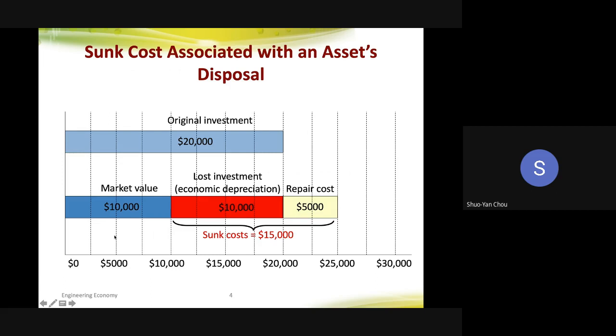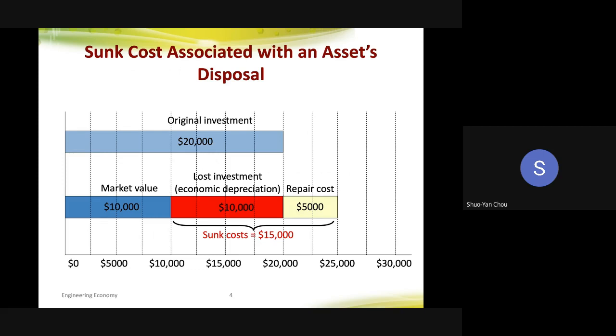You want to make the replacement decision, and the difference will be 10,000. So if you sold the Defender, you get 10,000 back from the original investment. You seem to lose the other amount of money. Also, over this period of time, you have already spent 5,000 fixing the machine.